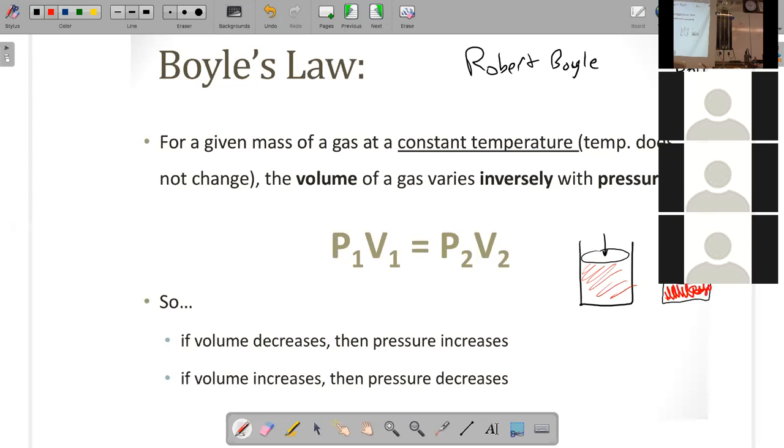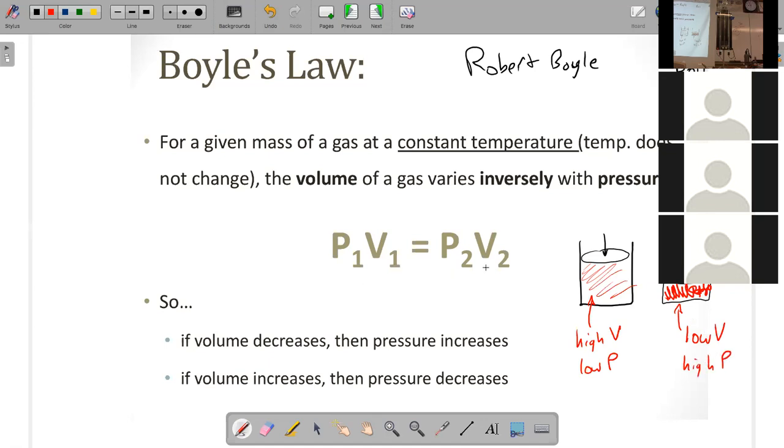As a result, I've got to put more particles in a smaller amount of volume. The pressure of the gas comes about from the collisions between the particles and the wall and the piston. So here I have a relatively high volume and a relatively low pressure. But whenever you squeeze the gas down, you have a relatively low volume and a high pressure.